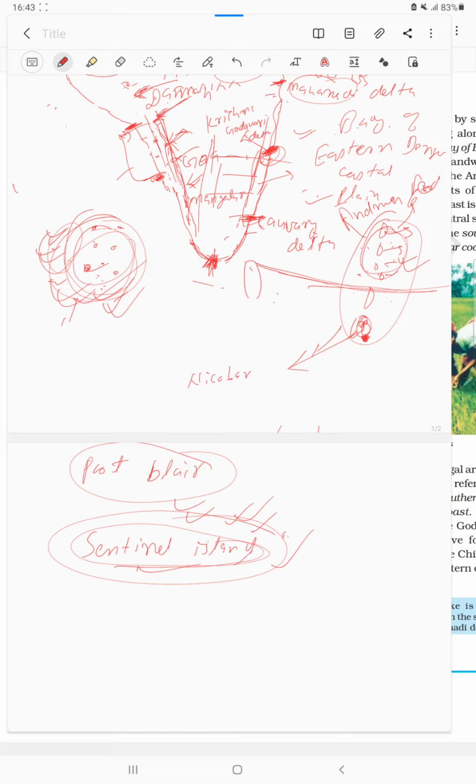Okay, the people who are living in this area are tribes. The tribes living in Sentinel Island spend their life in a primitive style. That means these people are still living in an ancient way. That's why the Indian government tries to preserve their lifestyle.